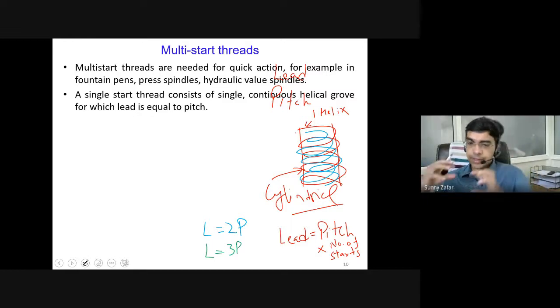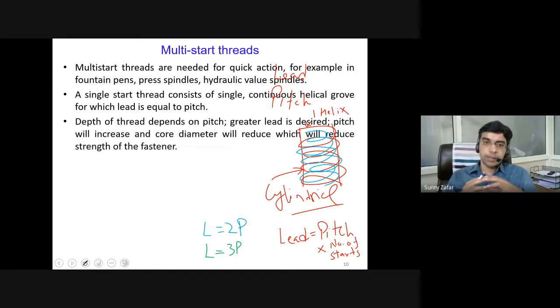So in cases where we need a very quick action of tightening and untightening, these multi-start threads are used. Now, another way to increase the lead in a single start thread is to increase the pitch.